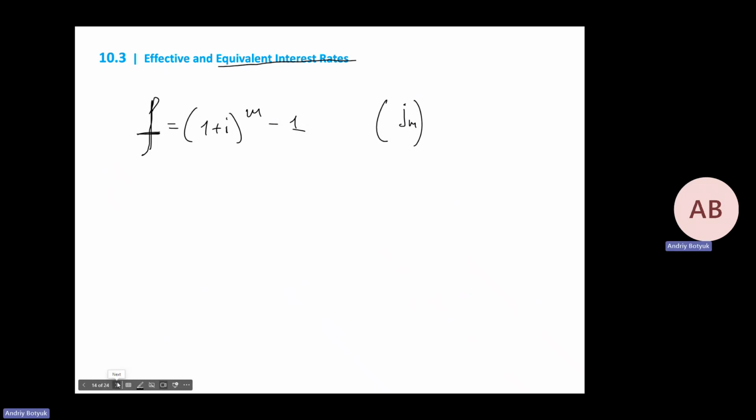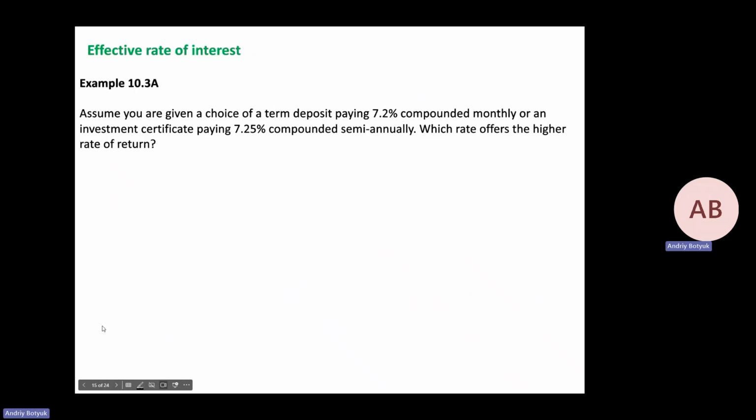So let's see. Well, let's calculate at least something. Assume you're given a choice of a term deposit paying 7.2% compounded monthly or an investment certificate paying 7.25% compounded semi-annually. Which offers the higher rate of return? So you have two options.